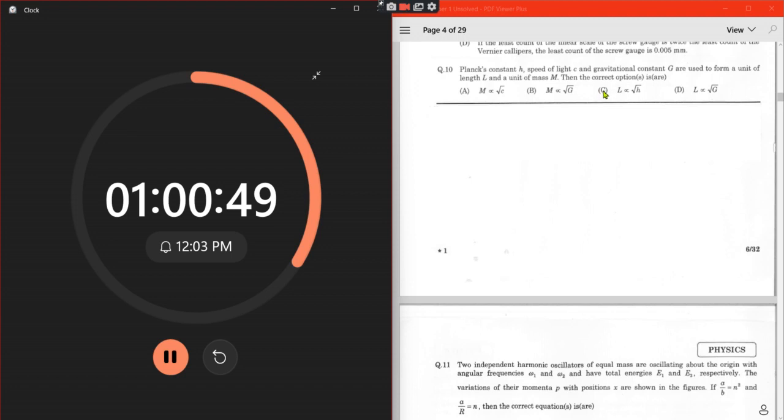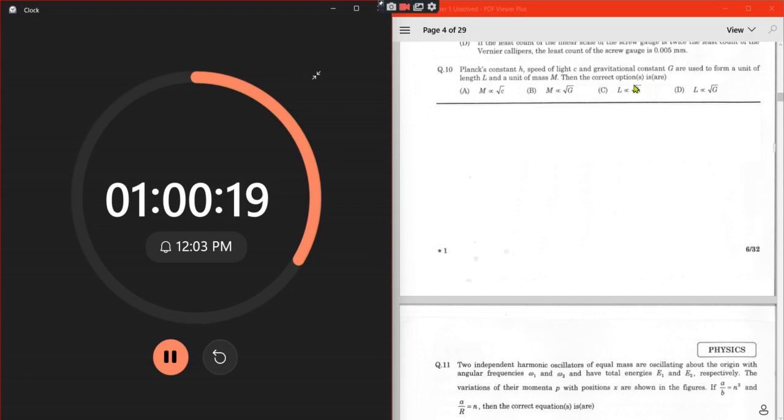Planck's constant h and speed of light c are used to form a unit of length L and a unit of mass m, then the correct option is one of these. Okay, G m squared upon r squared, with r the length, is equal to force. So times the length, G m squared upon the length is equal to energy, and energy is hc upon lambda.